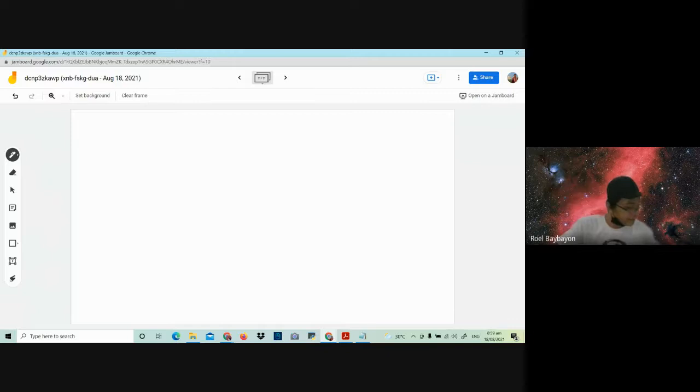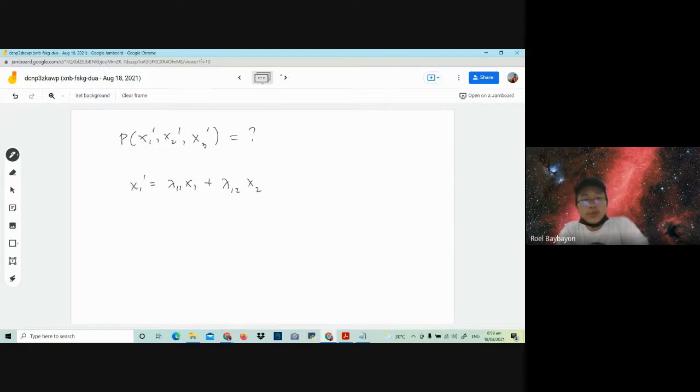So the x1 prime, using this, is lambda 11 x1 plus lambda 12 x2 plus lambda 13 x3. Given x1 is 2, I think this is 1 times 2 plus 0 times 1 plus 0 times 3, so I have 2.